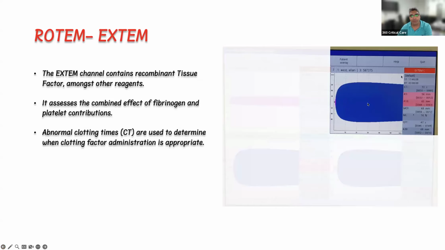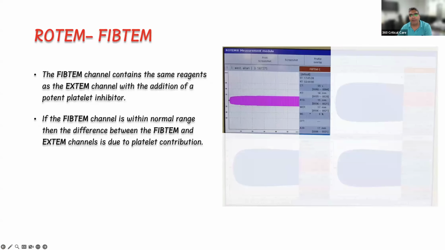Yeah. So explaining again, this is the EXTEM channel. It looks at both the effect of fibrinogen and platelet. So whatever you see here is the combined effect of fibrinogen and platelet. In the FIBTEM, whatever you see is because of fibrinogen.